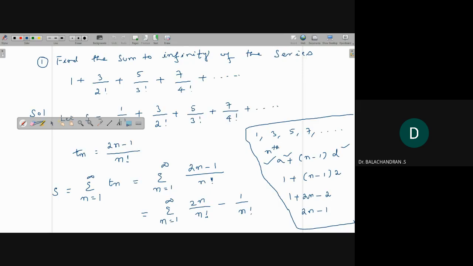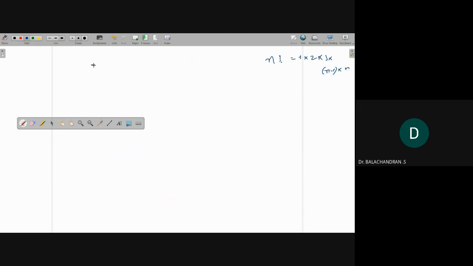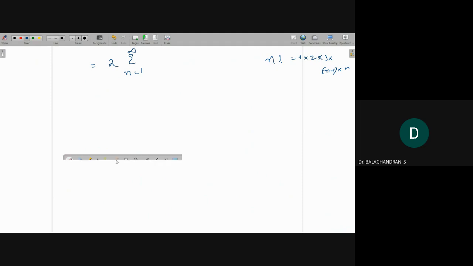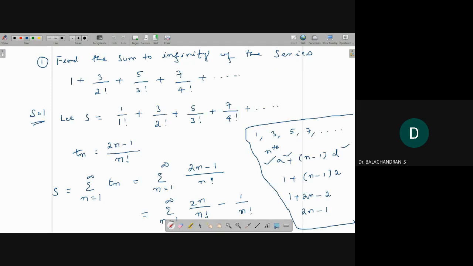So 2 is also common in the first summation, 2 into summation n equal to 1 to infinity, 2n by n factorial.